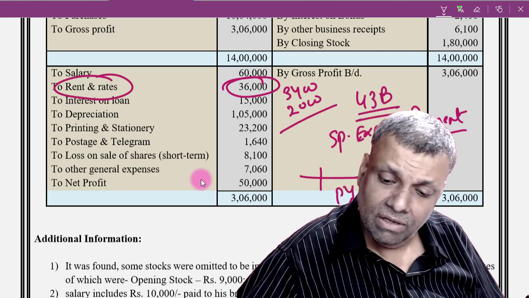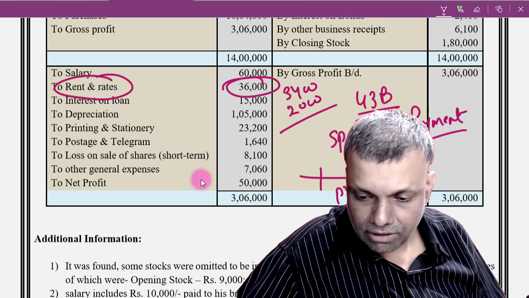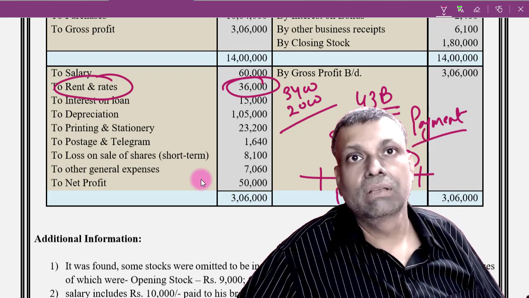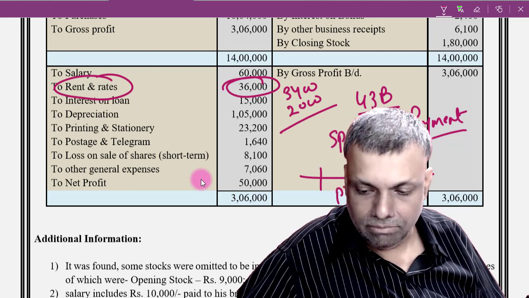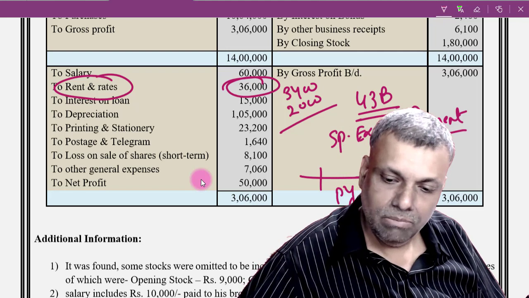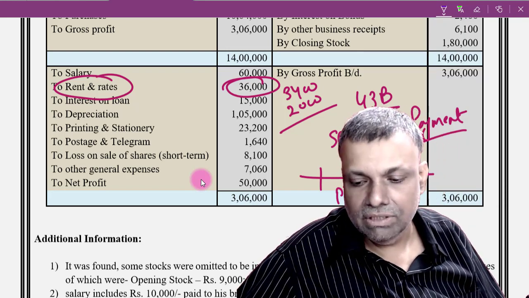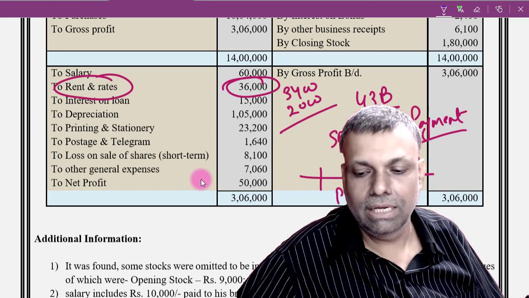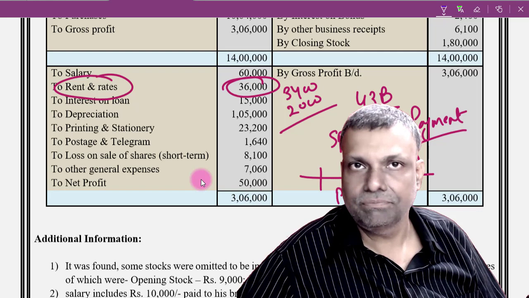Don't forget that. Or even if you pay it before the due date of furnishing of the return of income, that means after the end of the previous year but before the due date, then also it will be allowed to you as a deduction in the previous year.